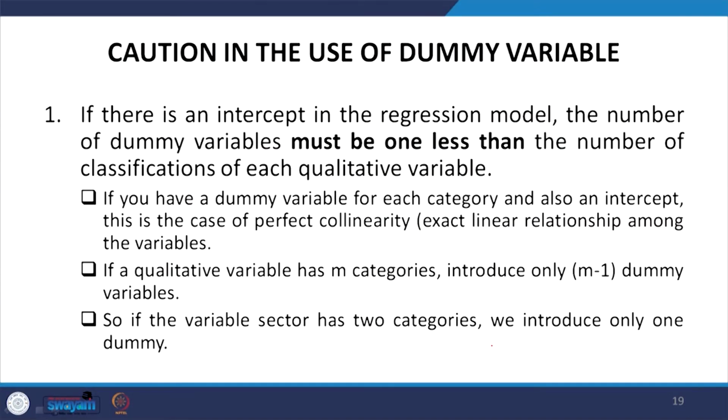In between, I just wanted to mention that if you have a dummy variable for each category and also an intercept, this is the case of perfect collinearity, and we will explain why with the help of an example in the next couple of slides. So, if a qualitative variable has m categories and we introduce m minus 1 dummy variables, then that is perfectly fine.